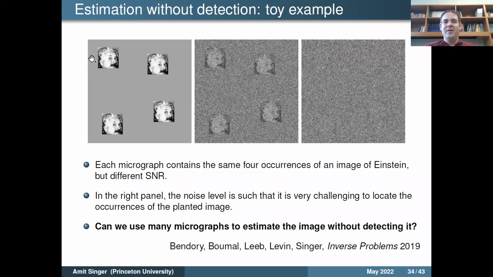In the clean case, it's very easy: just pick one of the instances of the image of Einstein and you can estimate it. Even in the noisy case, it's easy to do particle picking, do the image segmentation, find the locations, and then average the instances, and we'll get a really good image of Einstein. But what to do if you cannot even find Einstein in the images?